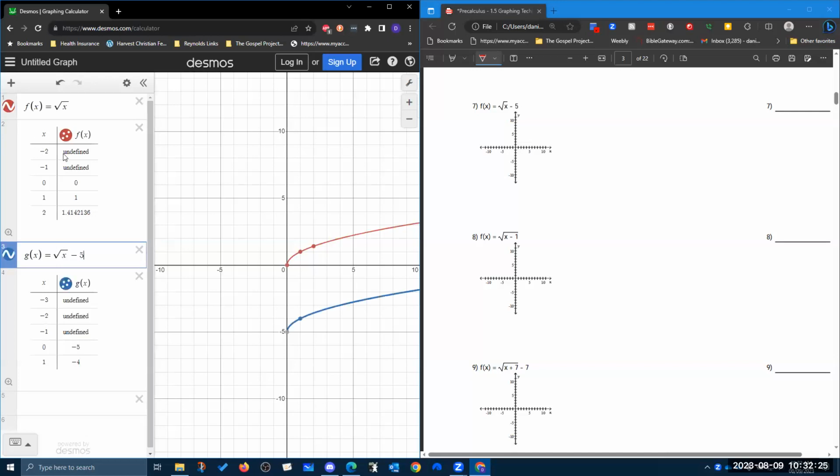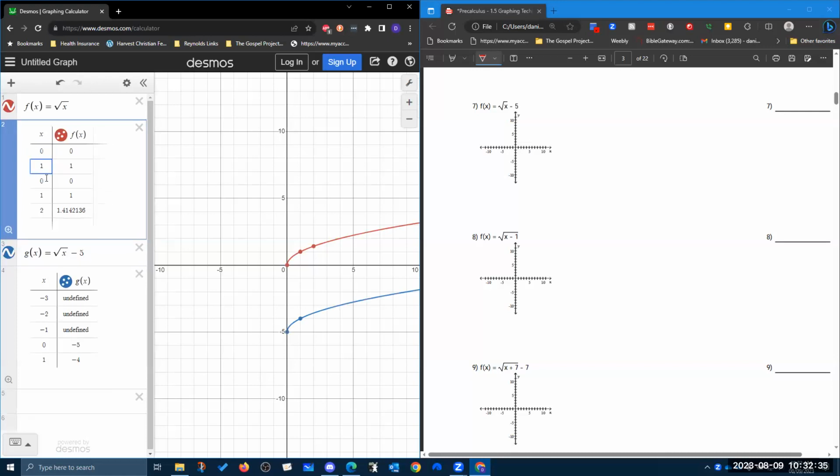We're not going to have all these points defined, as you can see. So I'm going to make a parent graph for this one that has X values that are perfect squares, like so.